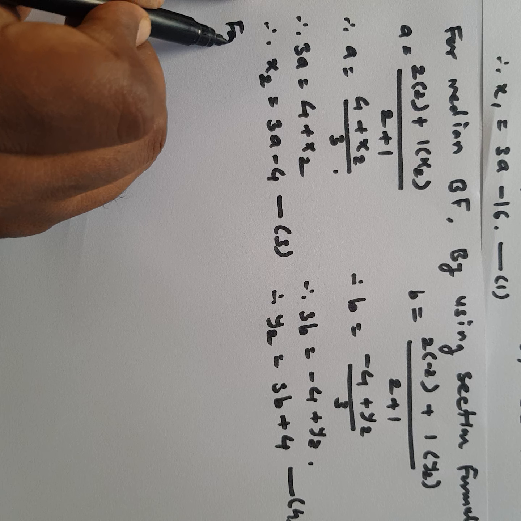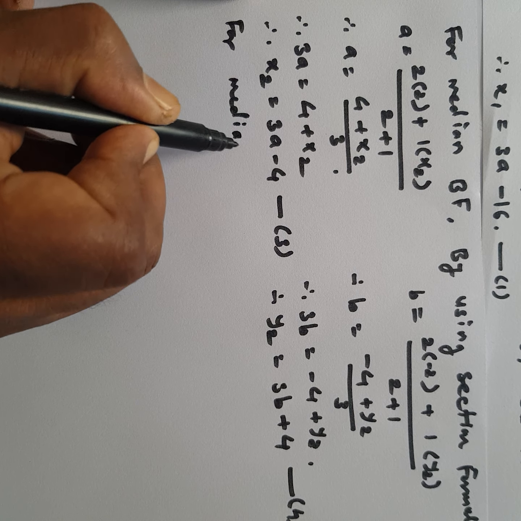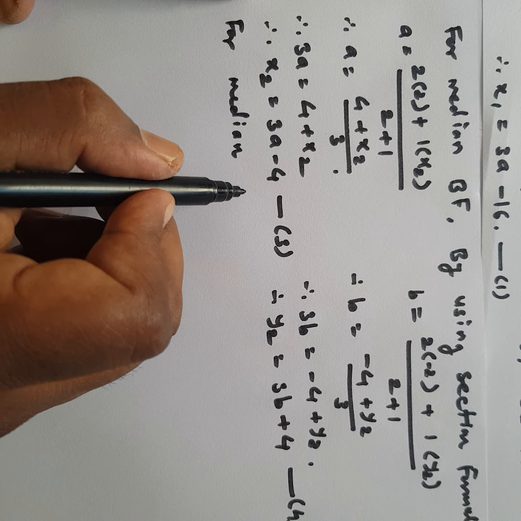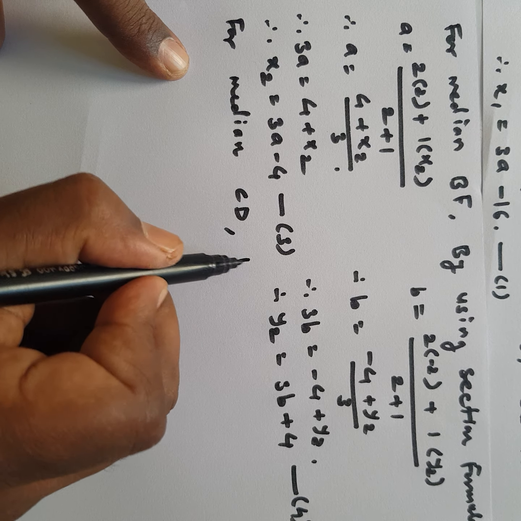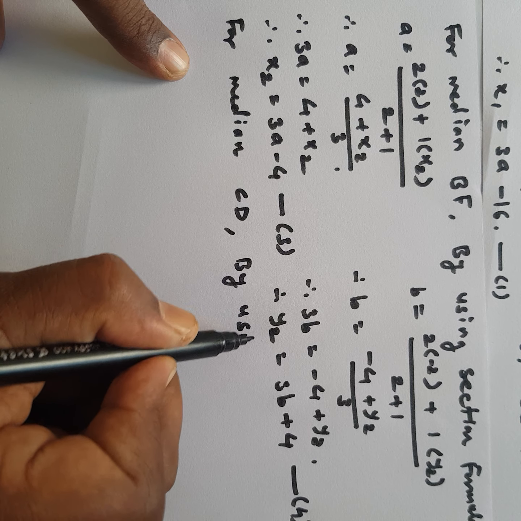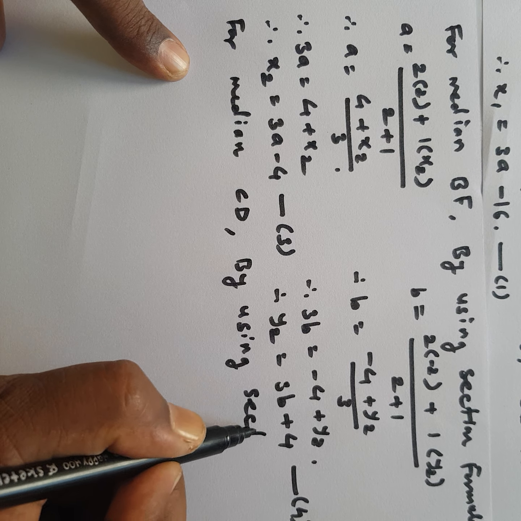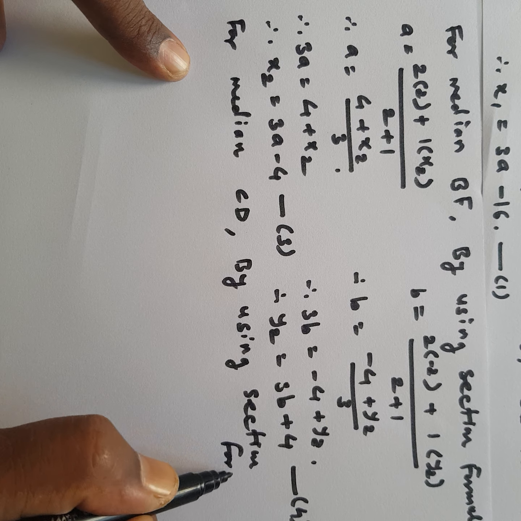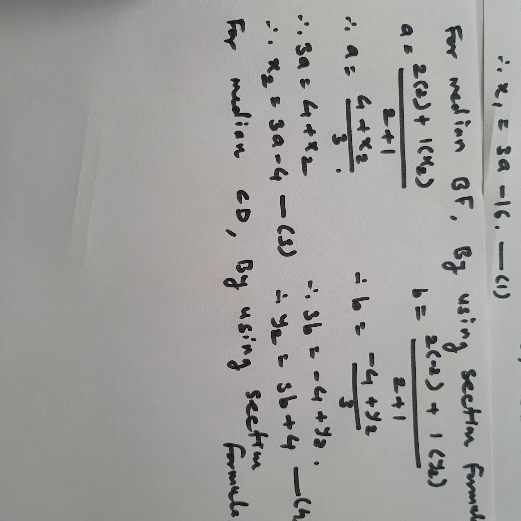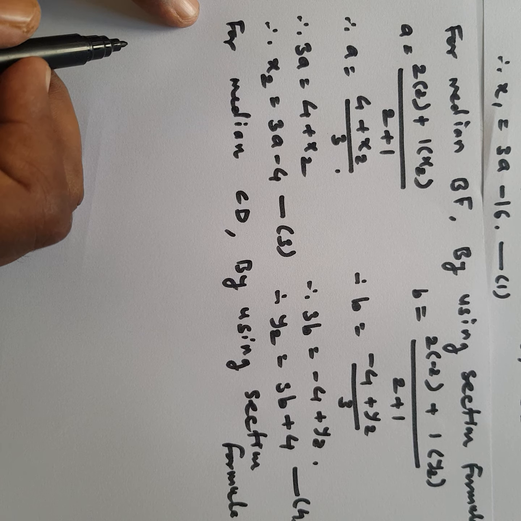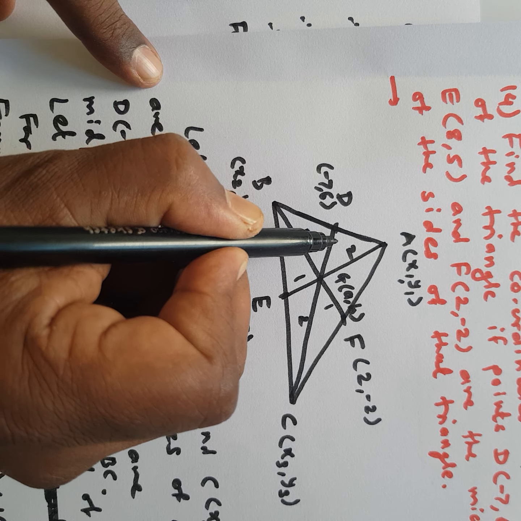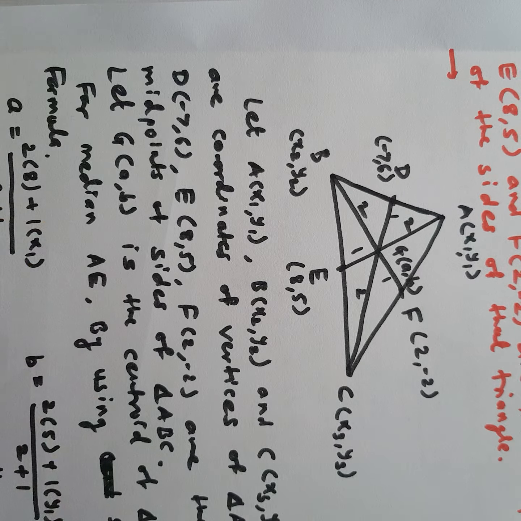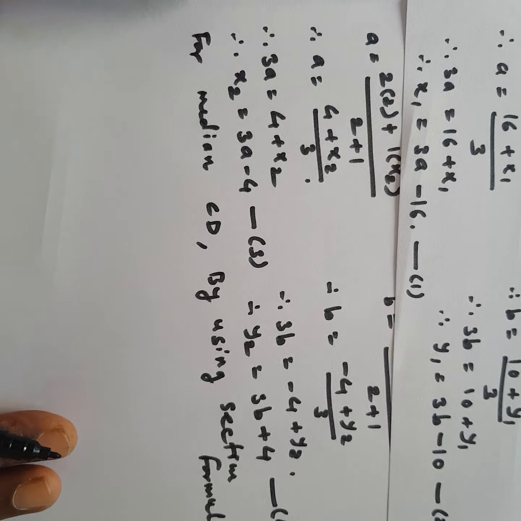Then for median CD, by using the section formula, see in the figure, CG is 2 and GD is 1.